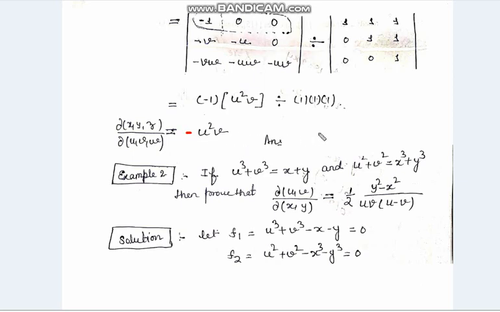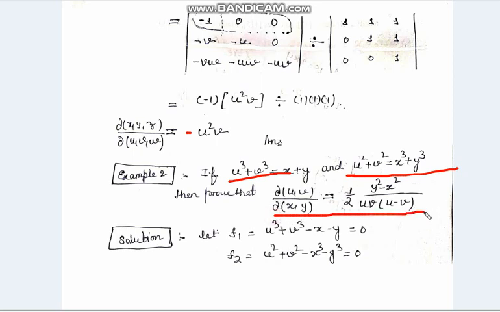Our second problem is: if u cube plus v cube is equal to x plus y, and u square plus v square is equal to x cube plus y cube, then prove that the Jacobian of u, v with respect to x, y is equal to 1 by 2 of y square minus x square, whole upon uv into u minus v.